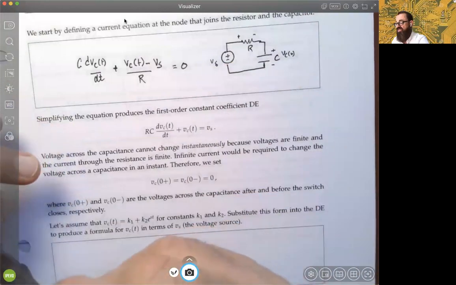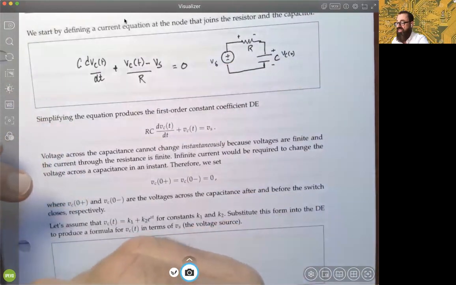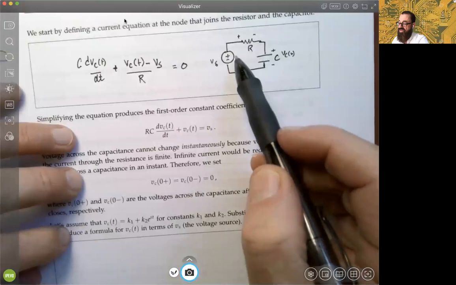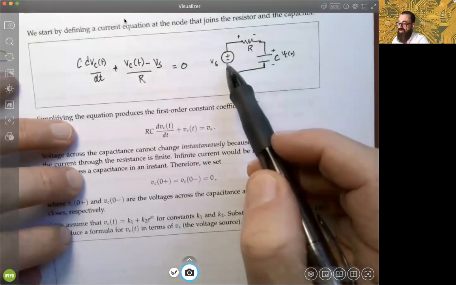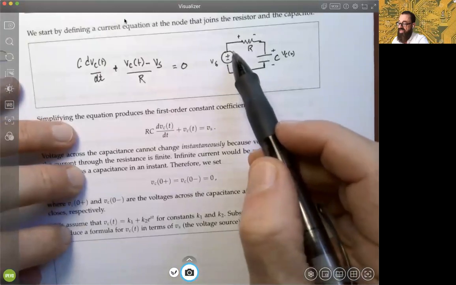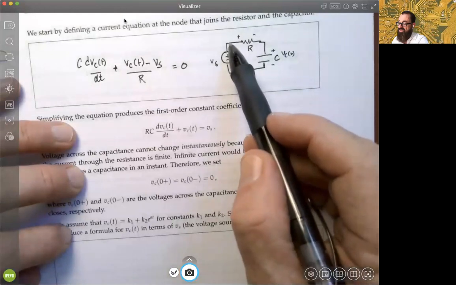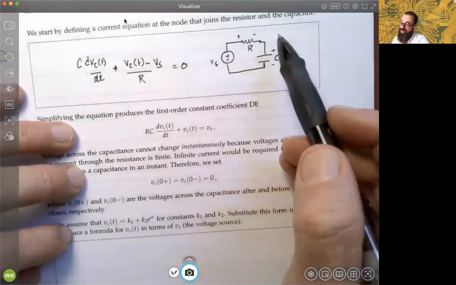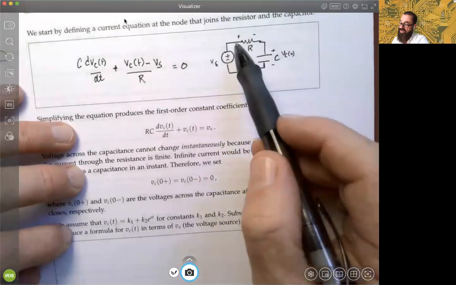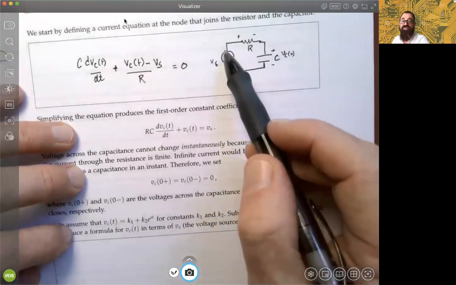capacitance here. So we are looking at the representation of current, let's say, flowing through the top node here between the voltage and the resistance.